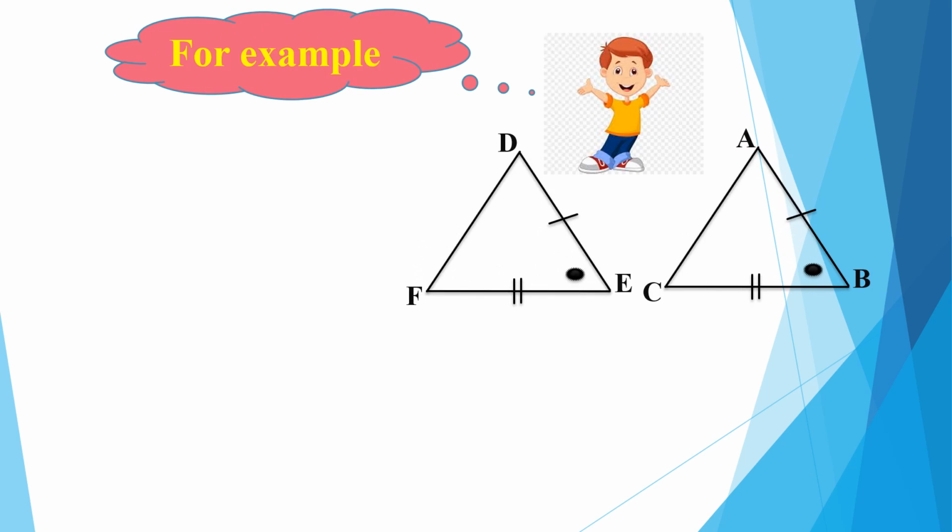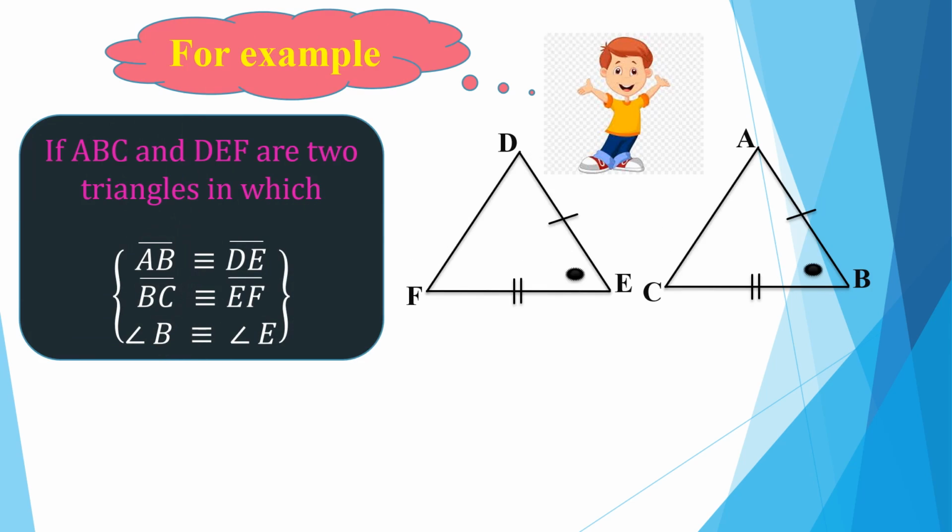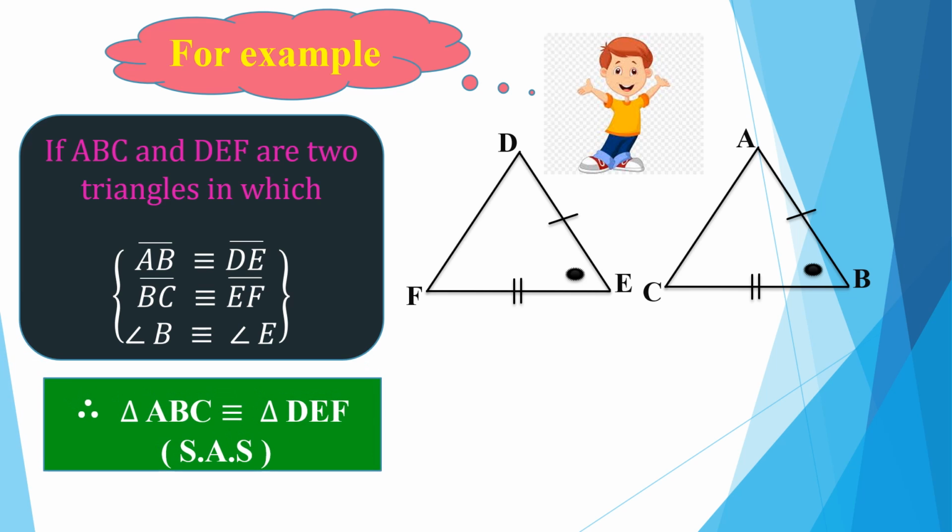For example, the two triangles ABC and DEF are two triangles in which AB congruent with DE, BC congruent with EF, angle B congruent with angle E. So, triangle ABC congruent with the triangle DEF as a side, angle, side.